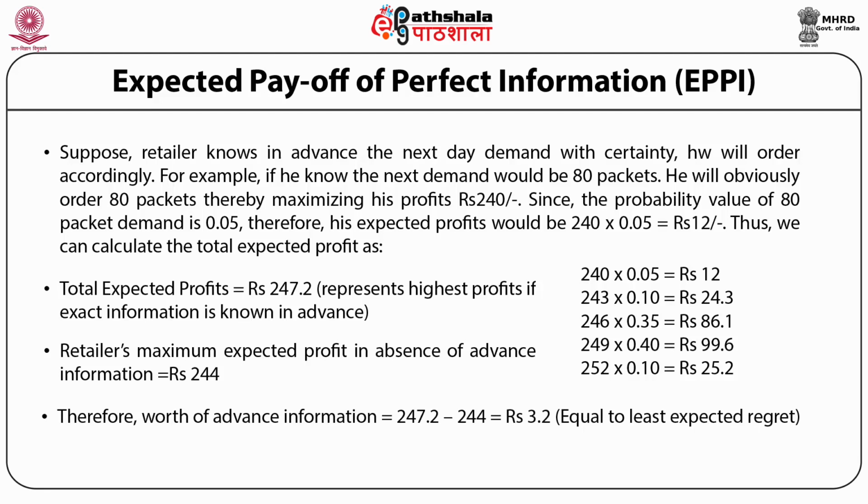So obviously the worth of advance information is 247.2 minus 244, equal to rupees 3.2. The worth of this advance information is rupees 3.2 and it is equal to the least expected regret value. If you see the regret table, the least value of the regret is 3.2. So it is a very important piece of information for the students. You need to go through this concept in depth.